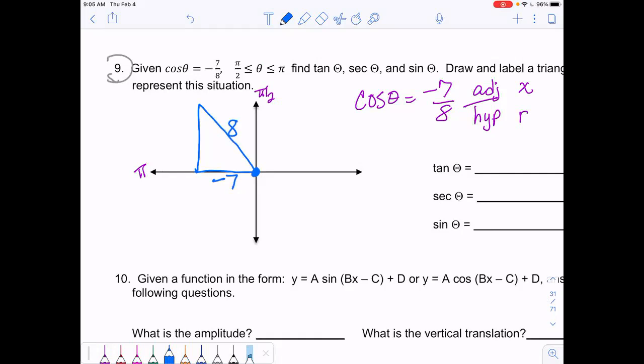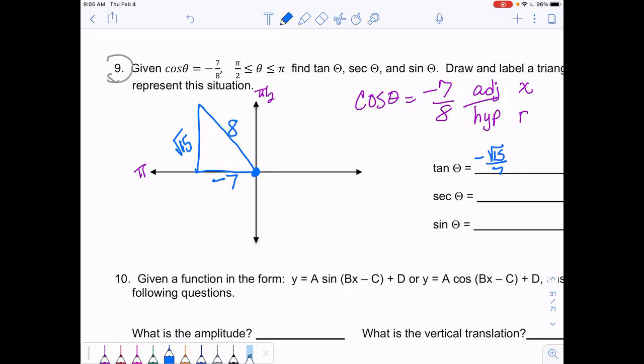And then if I take 64 minus 49, Gianna, do you know what that vertical side is? The square root of 15. And then it says find the tangent, find the secant, and find the sine. So once you have the graph labeled, the tangent is the opposite over the adjacent.